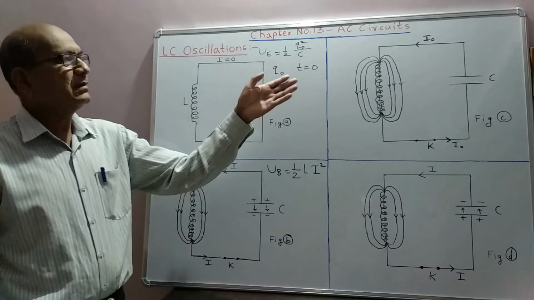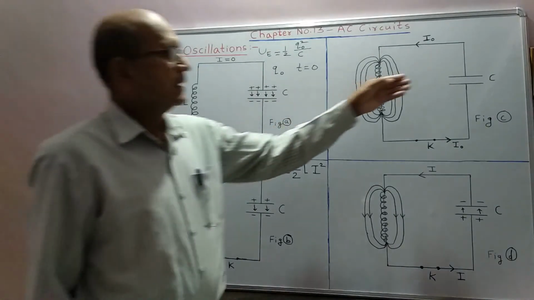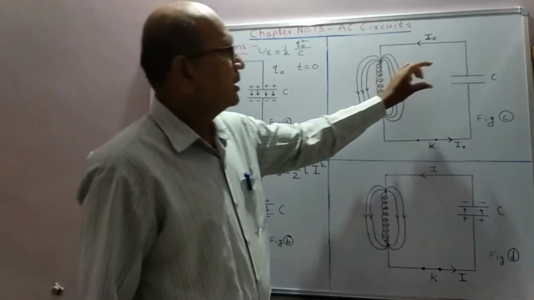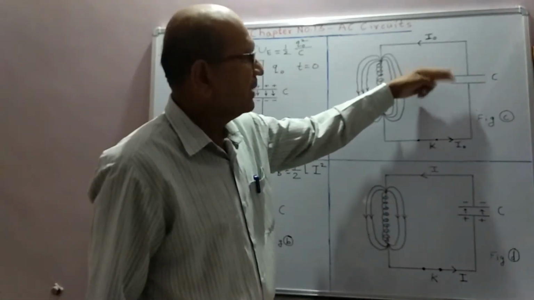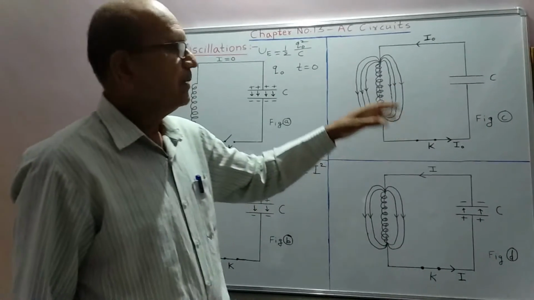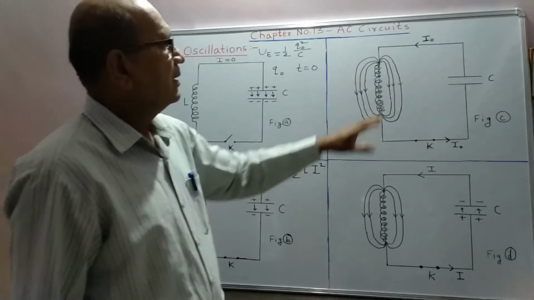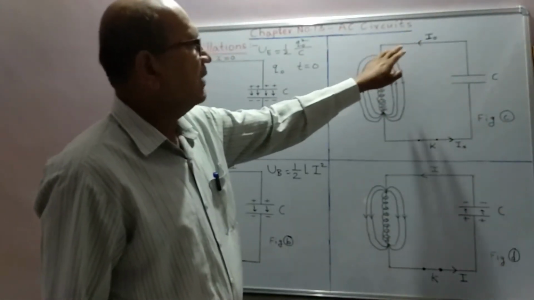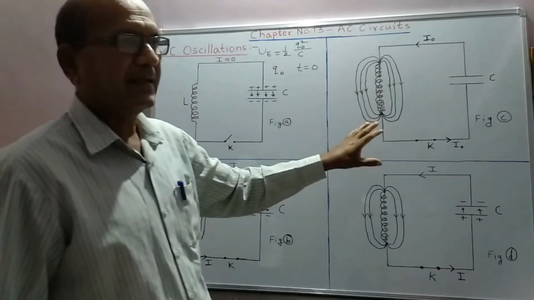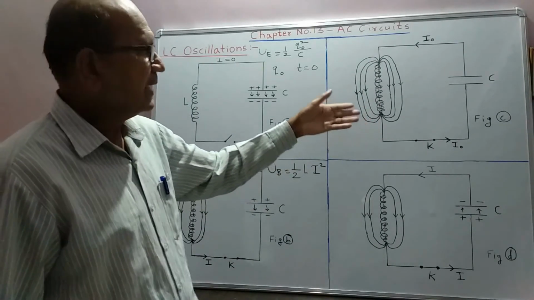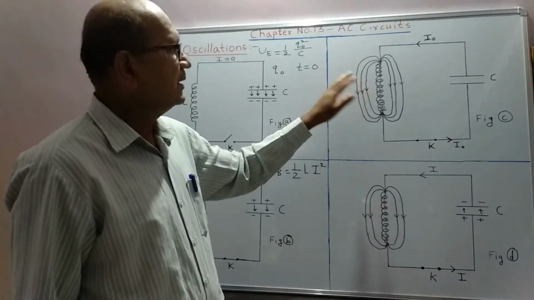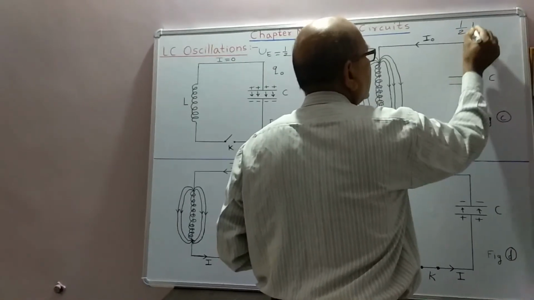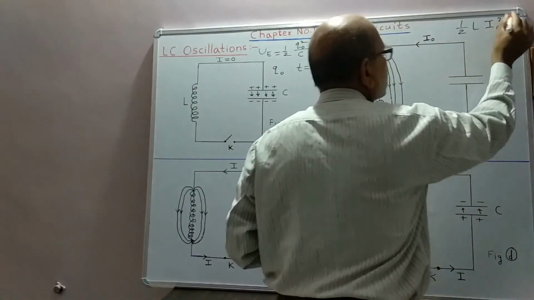At a later instant, the capacitor gets fully discharged and the potential difference across the plates of the capacitor becomes 0. The current reaches its maximum value I0 in the circuit, and in that case the magnetic field energy in the inductor is 1/2 L I0 square.